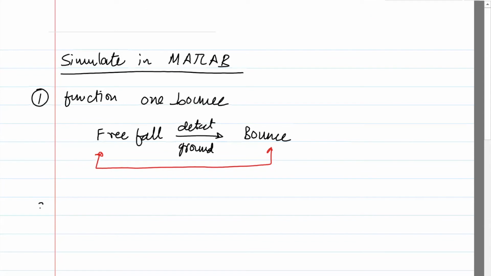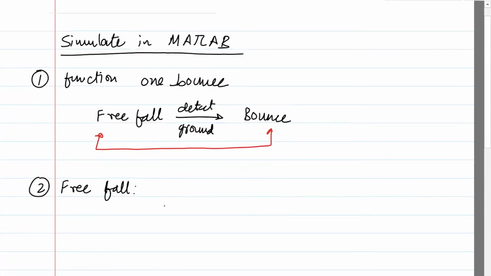The second thing, which is kind of interesting, is when we do free fall, which is described by y double dot equals minus g. What we're doing is we are using an integrator. It could be ODE4, ODE45, whatever you like.